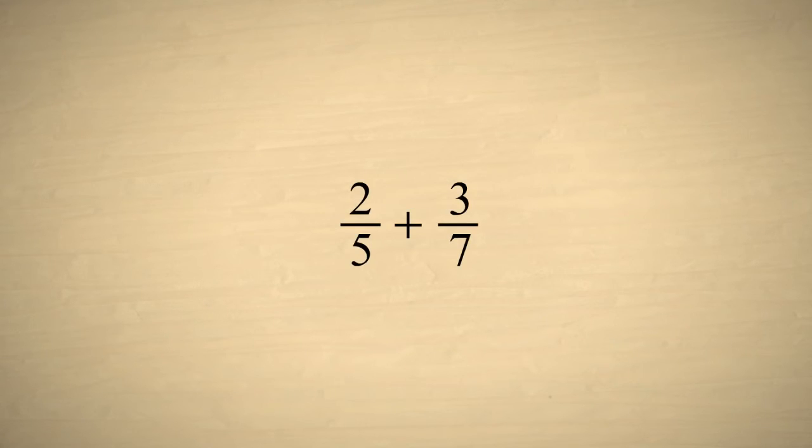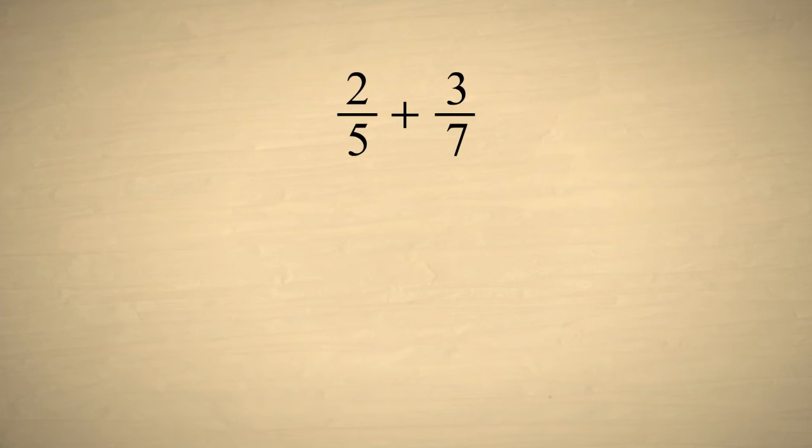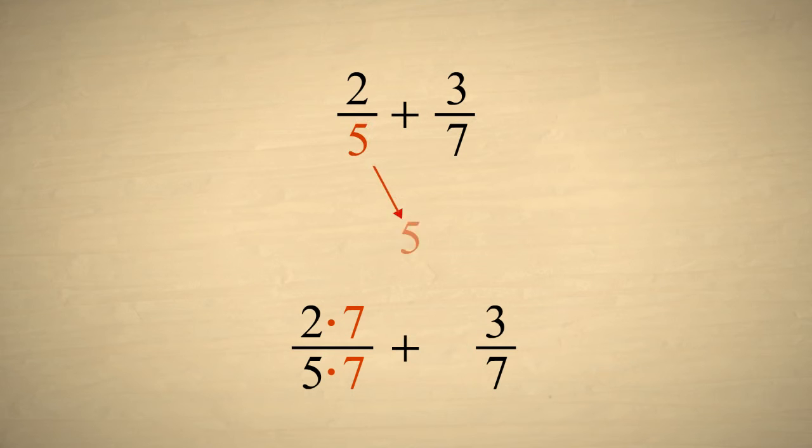Let's try another example, adding the fractions 2/5 and 3/7. To create the common denominator, we multiply the numerator and denominator of the fraction 2/5 by the denominator of 3/7. And we multiply the numerator and denominator of 3/7 by the denominator of 2/5.